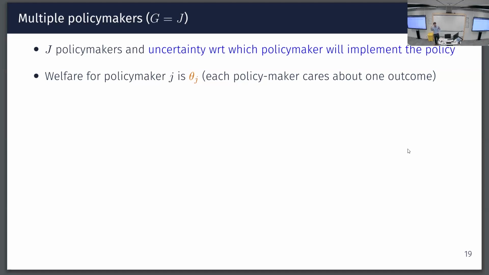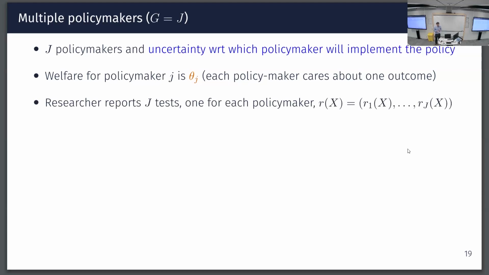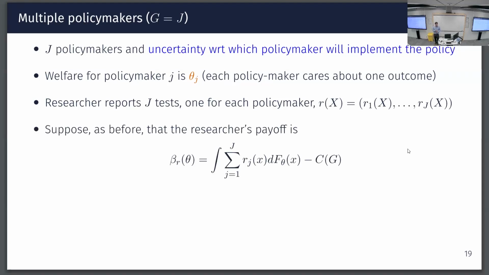So moving a little bit away from the FDA type approval, being a little bit more broad. And the researcher is going to report J tests, one for each policymaker. And suppose again that the utility of the researcher depends on the expected number of discoveries that are made minus some cost, which may depend on the number of outcomes that I collected in my study.